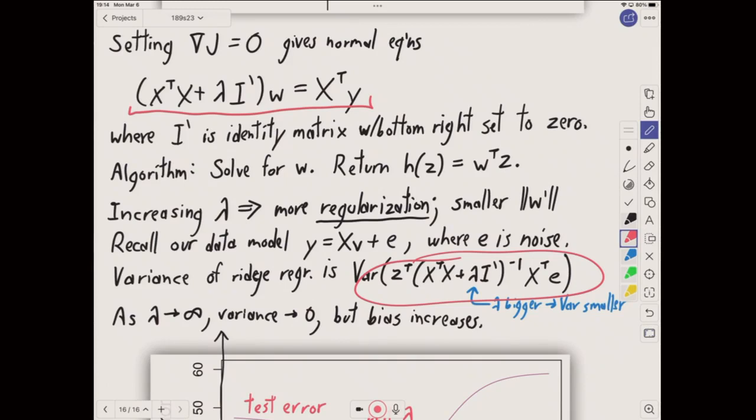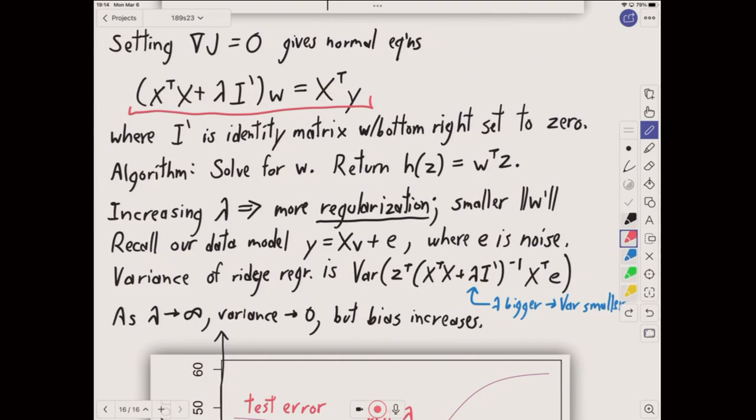I did not have time to give that, and you're not responsible for it on the exams either. But there is a bonus page in there that explains how to compute the variance of least squares regression. If you are interested, you can go and find a derivation there for least squares regression, and then it's very easy to update that for ridge regression. Other questions?